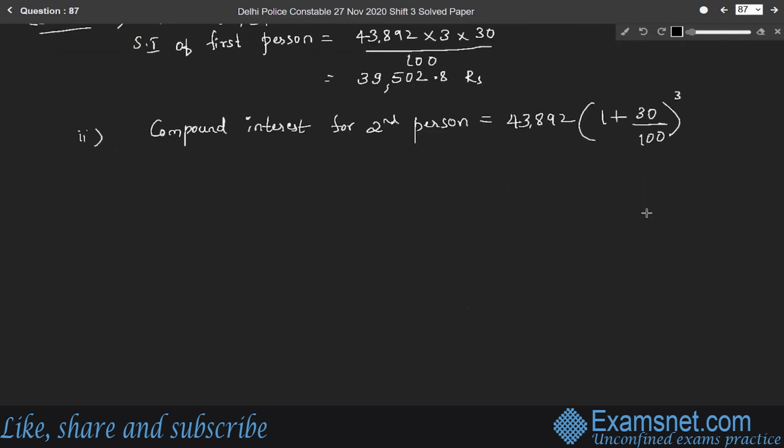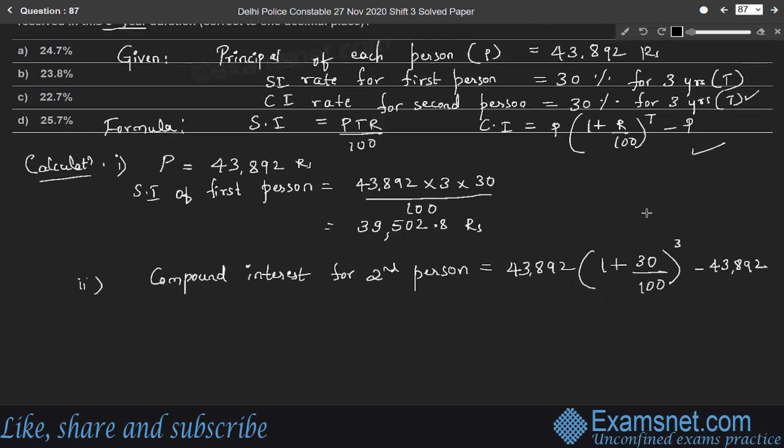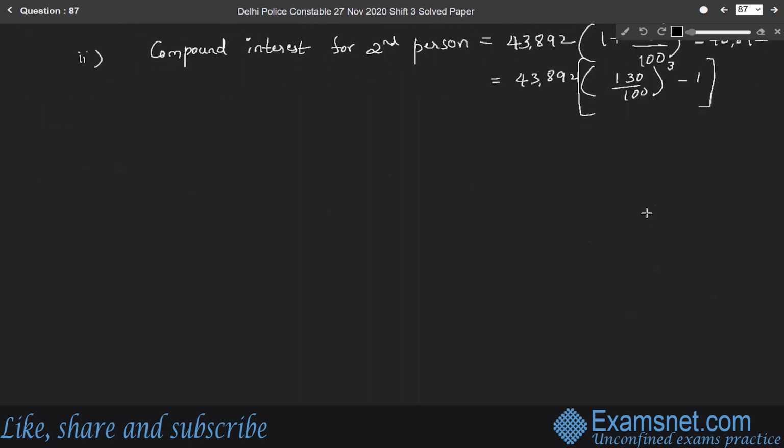So 3 years minus principal amount 43,892, right? Which is equal to, so 43,892 is a common term. So 130 by 100 to the power of 3, right? Minus 1. So let us go to the simplification, right?